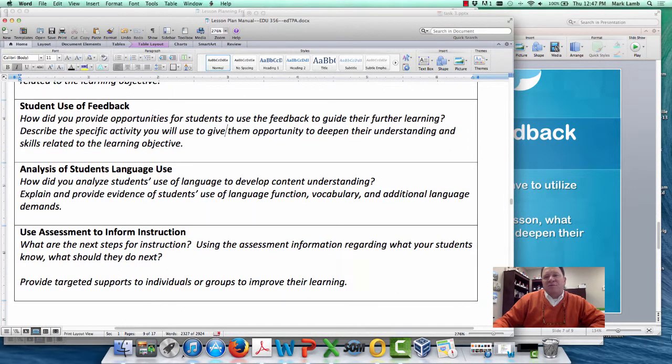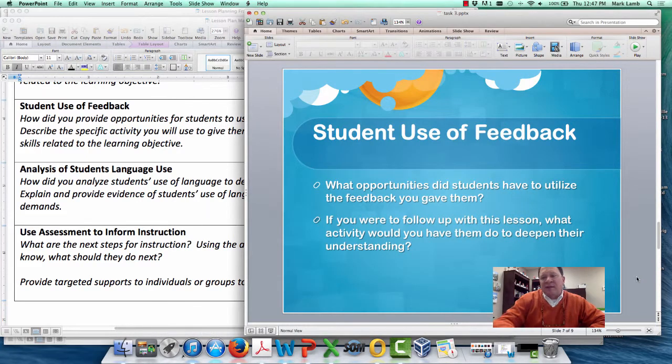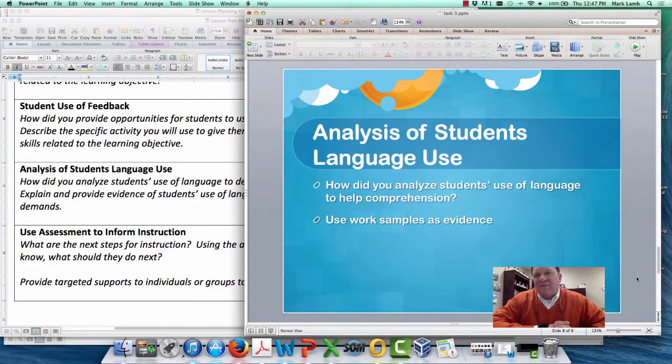And the last two sections on the template. You have analysis of students' language use. At this stage in your understanding of edTPA and the depth of writing lesson plans, I don't think I would recommend that you respond to this section. You're certainly welcome to.